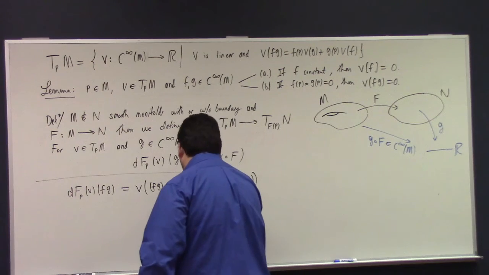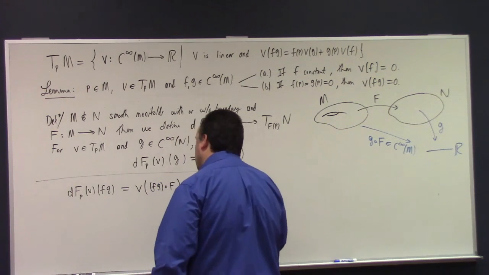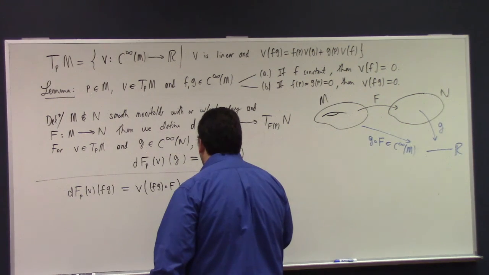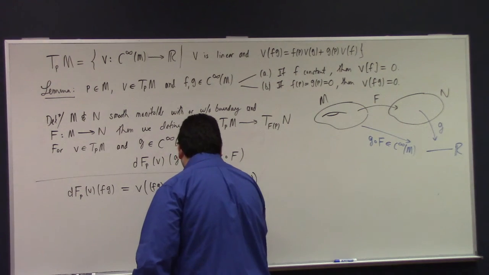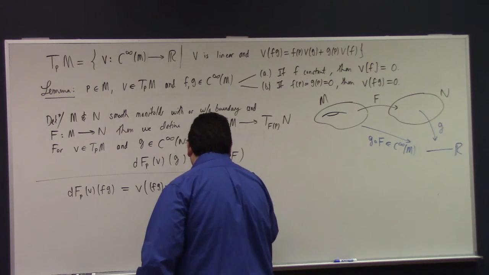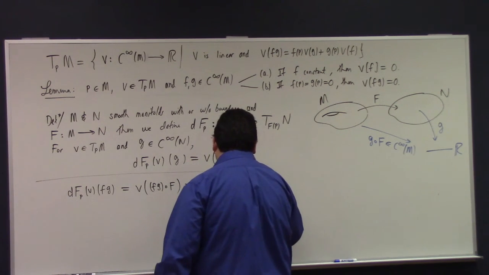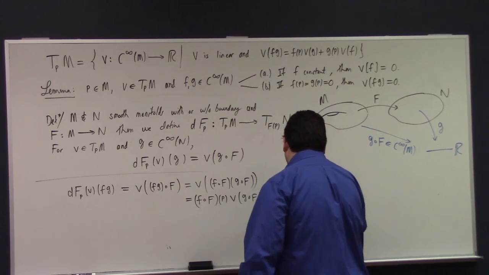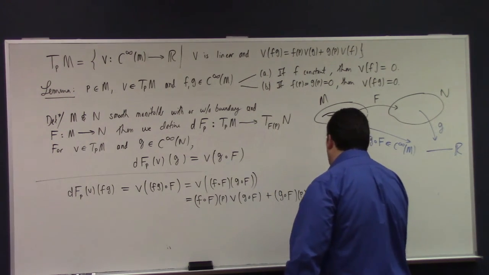So this is going to give me F composed with big F of P times V of G composed with F, plus G composed with F of P times V acting on F composed with F.